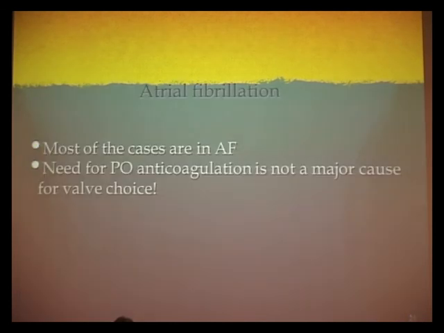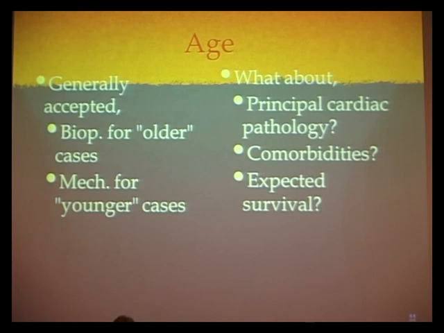There's not much difference. Also, if you look at the patients, most of them have AF. So if they have AF, anticoagulation with Coumadin is not a problem, so you can easily use a mechanical valve.